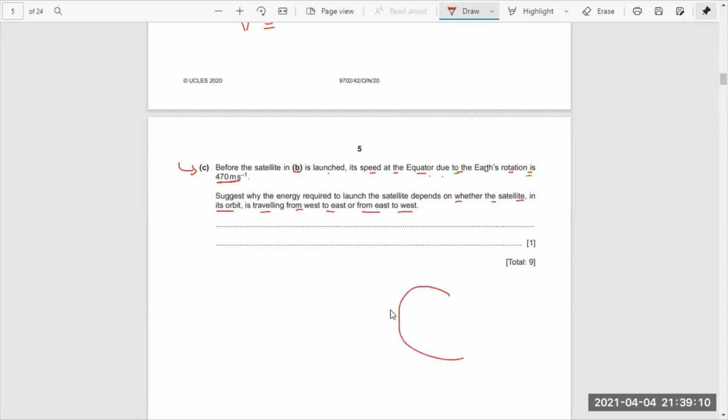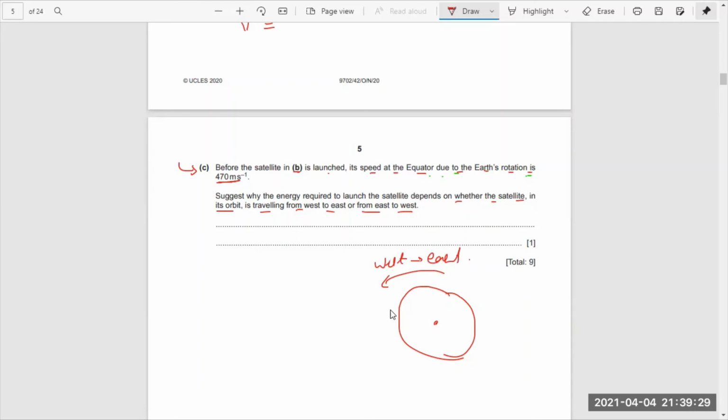For this, we need a very interesting idea: in which direction is the Earth rotating? Earth is basically rotating from west towards east.